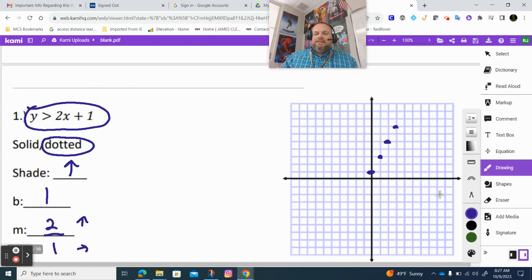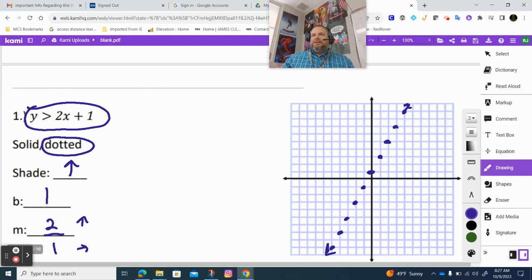Now, I doubt people remember from when we were doing this in Unit 4, but if you actually were to graph it like this, that's fine, because technically it's dotted. It's like here's the boundary. I've had some people who will draw a line and then erase back through it.